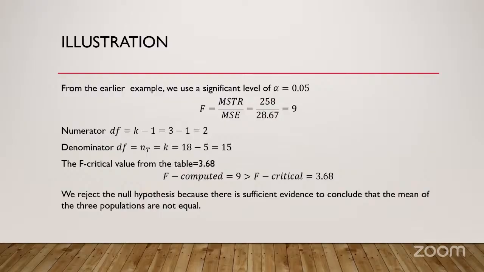Now, if the value you have computed is greater than the critical value in the F table, then we say that the means are statistically different from each other, and we reject the null hypothesis.